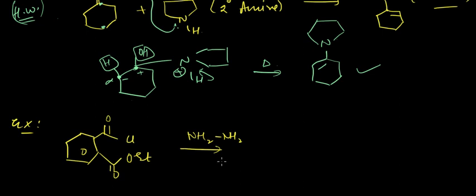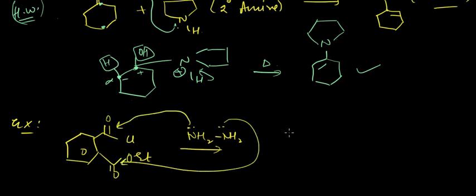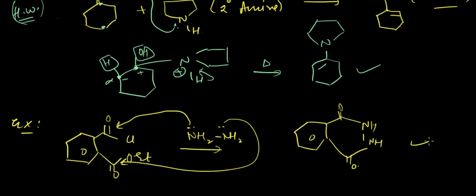So obviously this would act as a nucleophile for this carbon atom and for this carbon atom. As a result, we'll be getting something like Cl and OEt would be leaving, and on the same side NH, single bond NH, would be replacing their respective positions. Okay, so this is the final product which we get.